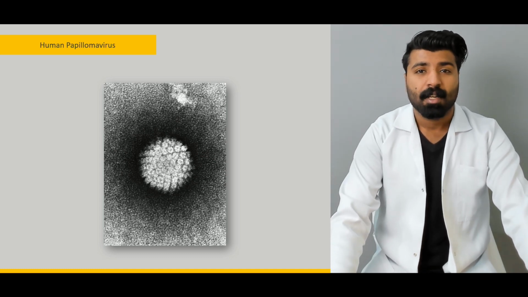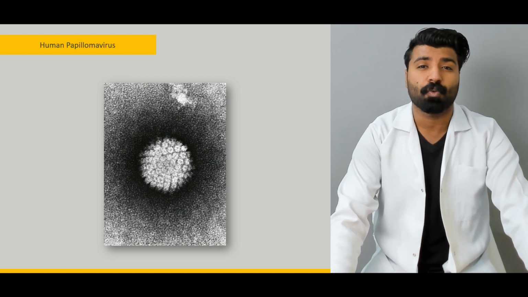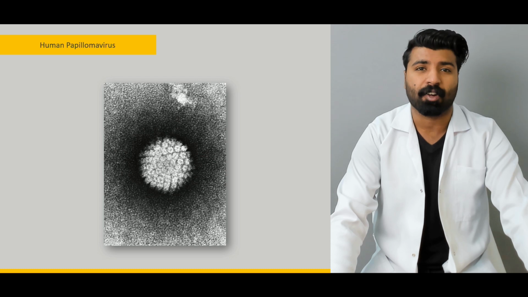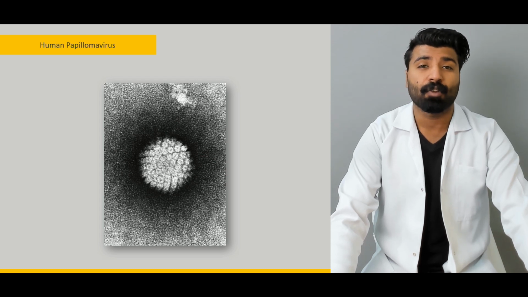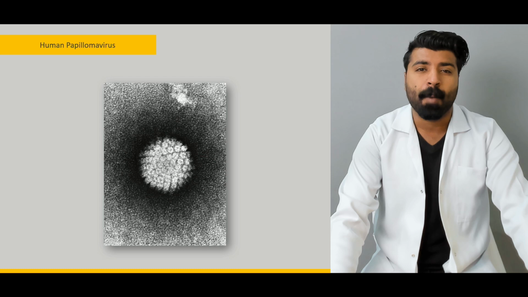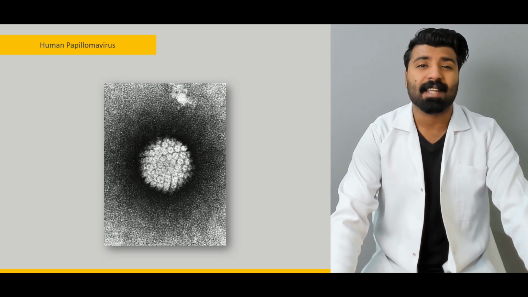Number 3 is that it is further subdivided into 130 to 140 subcategories. There are 130 to 140 subtypes of human papillomaviruses. And number 4, it is covered by a cascade of proteins.